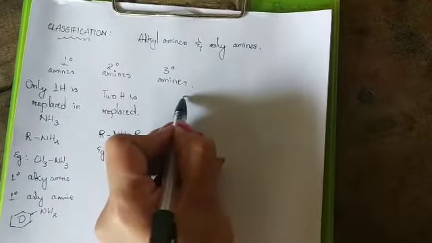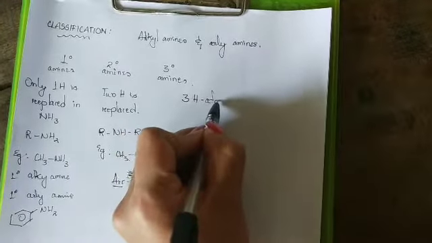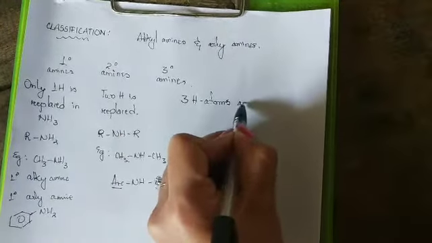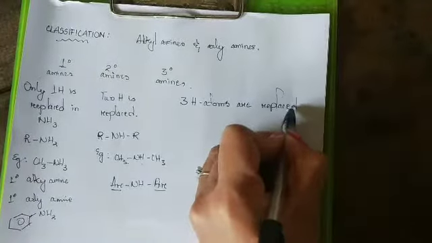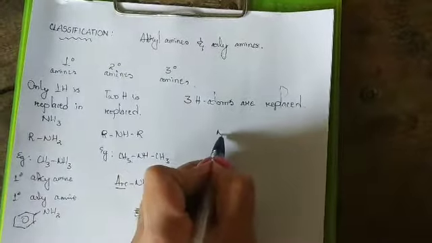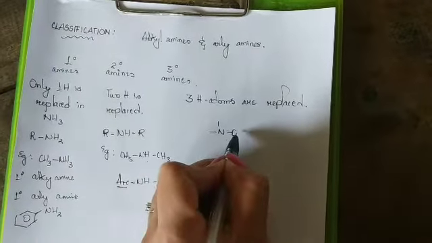Now the tertiary amines are formed when all three hydrogen atoms are replaced. Therefore we would get nitrogen with all the three hydrogen atoms replaced.